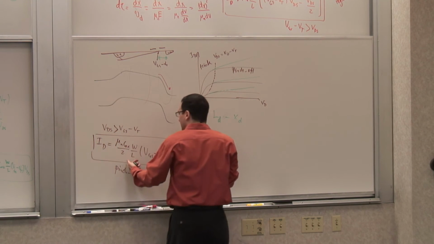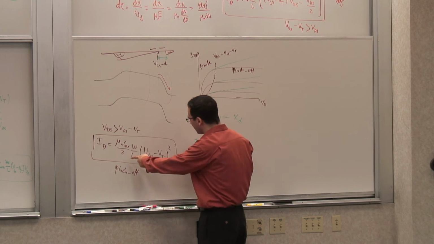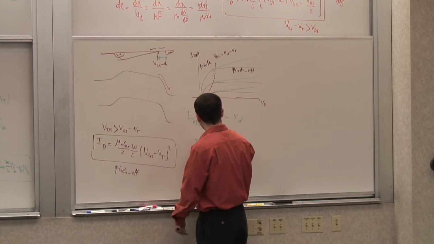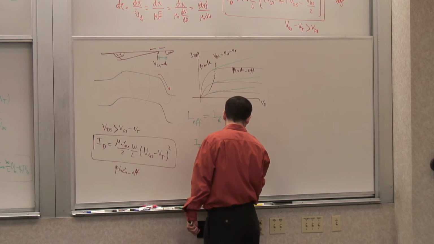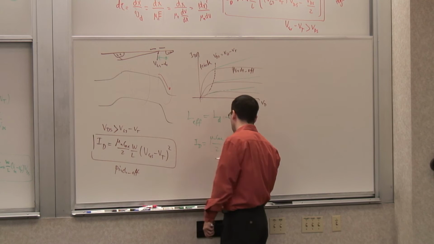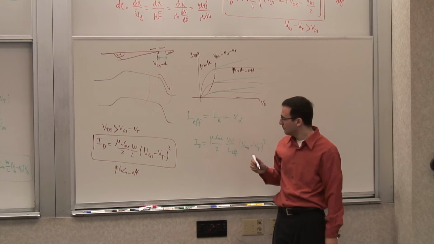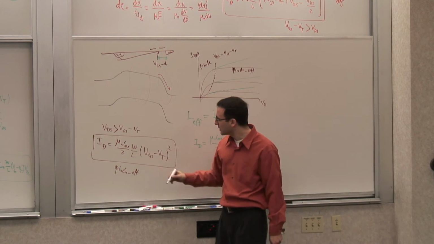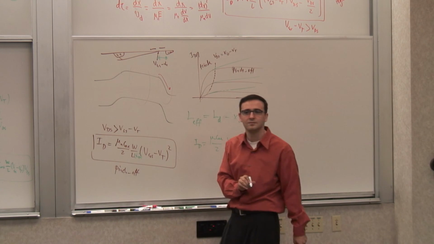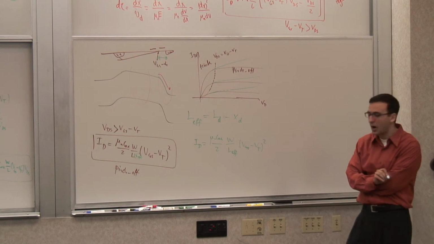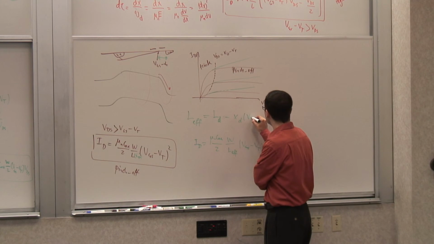So you can say that. And then if you come back to this equation, we really have to modify it slightly. I can say it's really mu n Cox over 2 W over L effective times VGS minus VT squared. And this L effective is not constant now, because I know this L effective is a function of VDS. Why? Because this XD is a function of VDS.